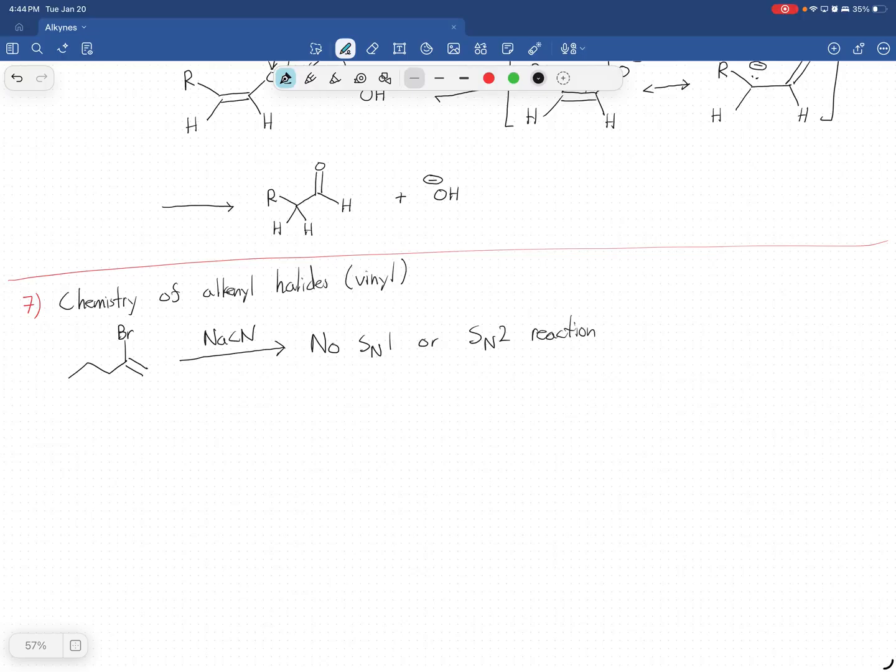SN2 is too sterically hindered; the site of attack will be too sterically crowded. And for SN1, the carbocation can't form and be stable. It's very unstable because the nature of the carbocation is flat, and it can't be stabilized by hyperconjugation, okay? So no SN1 or SN2 reaction.